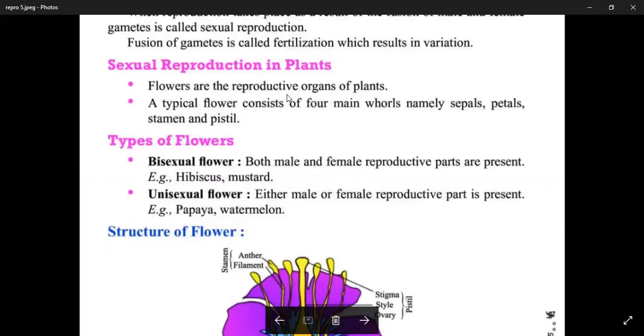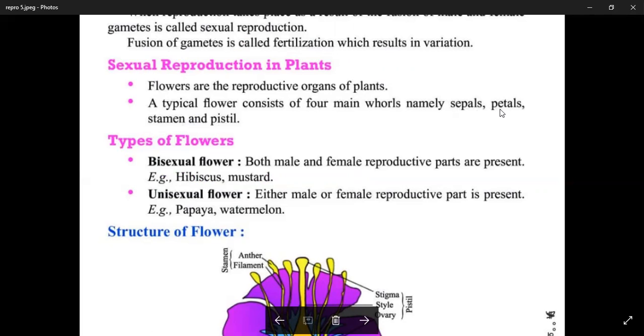So here, sexual reproduction in plants. You know flower is the reproductive organ of the plants. Flower is a modified stem. A typical angiospermic flower consists of four main whorls, namely the sepals, petals, stamen, and the pistil. Sepals are green in color and they protect the floral buds.